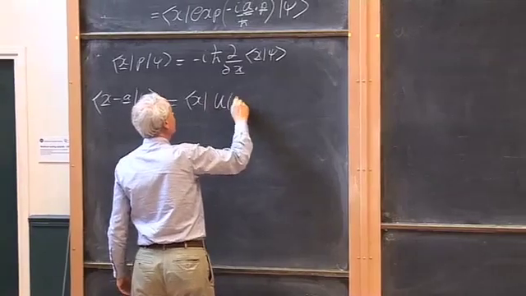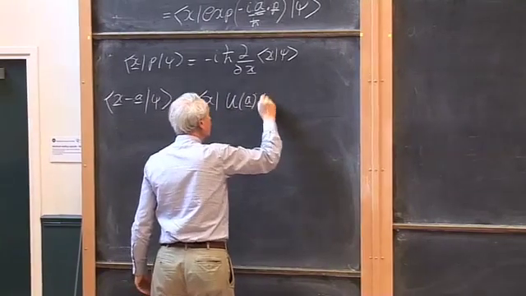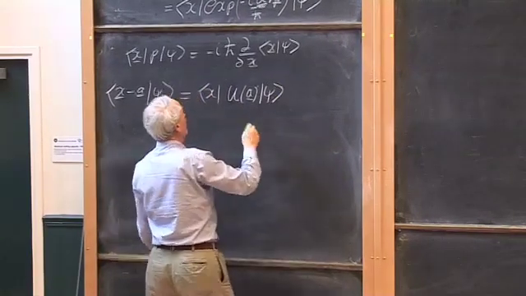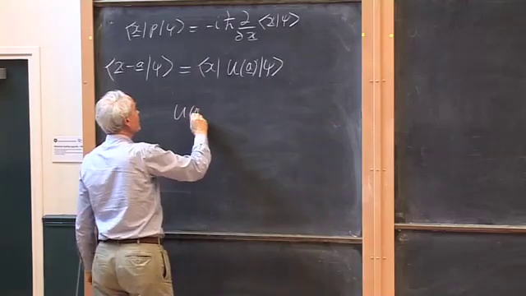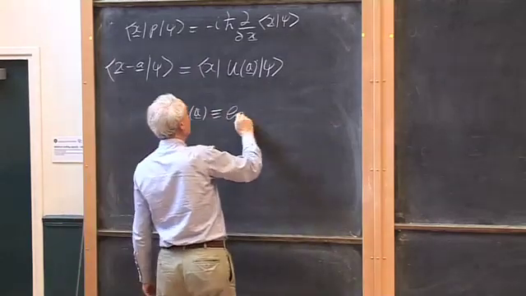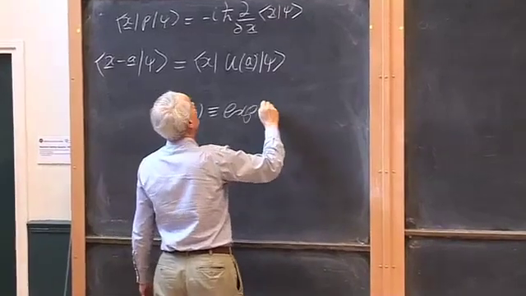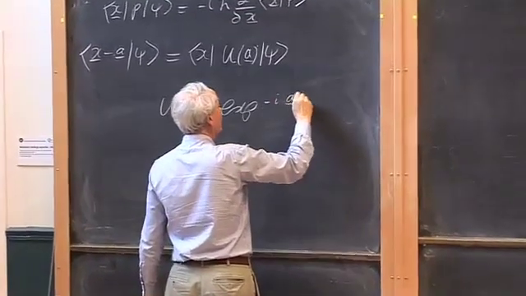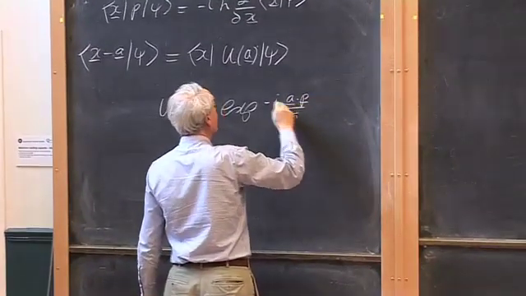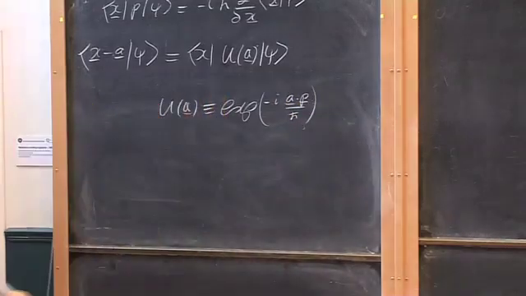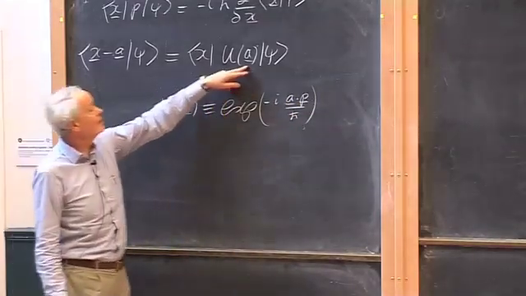u of a of psi, where u of a is a new notation for, it simply means, the exponential of minus i a dot p over h bar. So that's what u of a means.